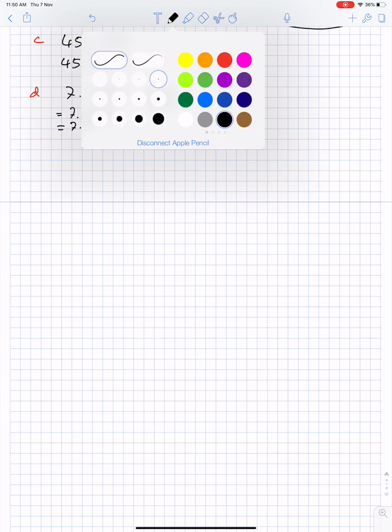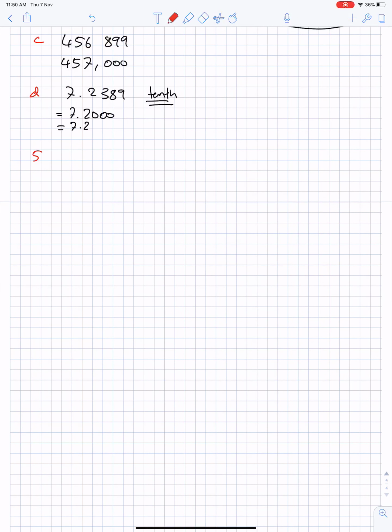Question 5. It says, write 2.45 million in standard form.